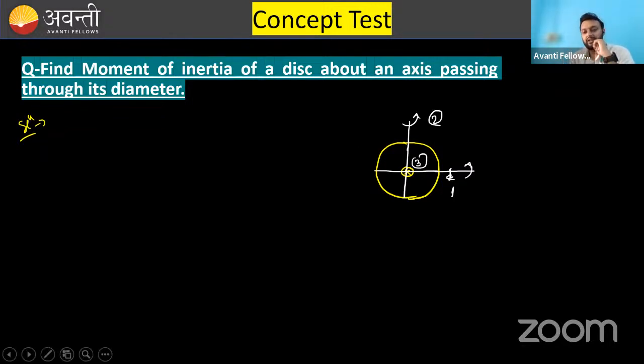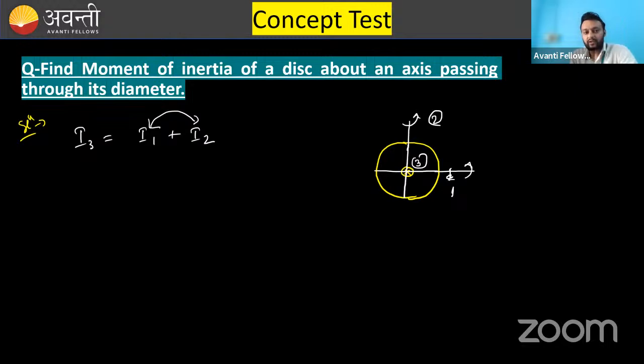Again, by symmetry, axis 1 is the diameter, axis 2 is also a diameter. So I3 is equal to I1 plus I2. And these I1 and I2 will be equal. Why are they equal? Because these are symmetrical axes. This is the diameter, this is also the diameter.